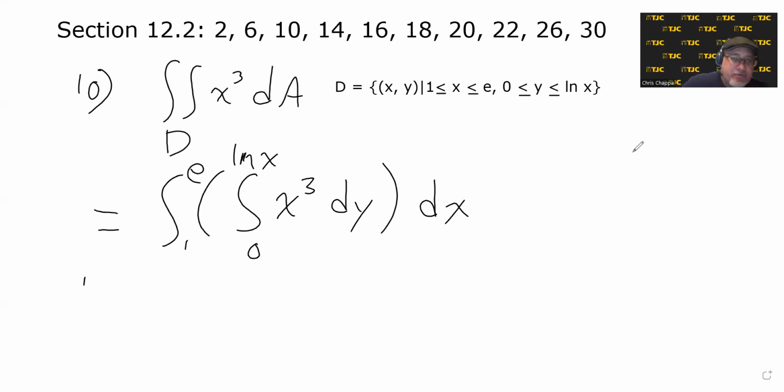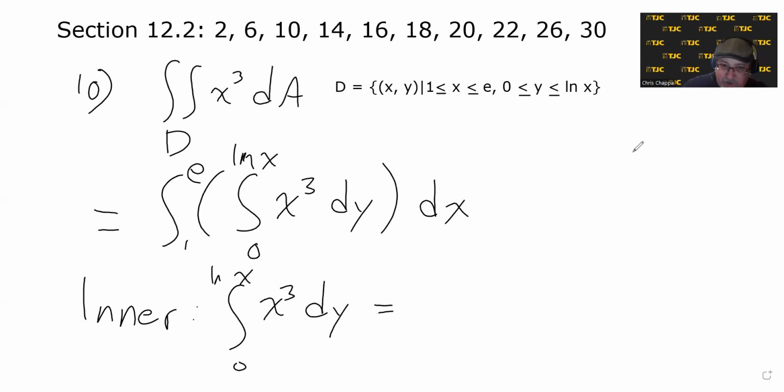All right, let's do the inner integral first. Integral from 0 to natural log of x of x cubed dy. X is a constant with respect to y. So integrating that constant with respect to y will just give us x cubed y, evaluated from y equals 0 to y equals the natural log of x.